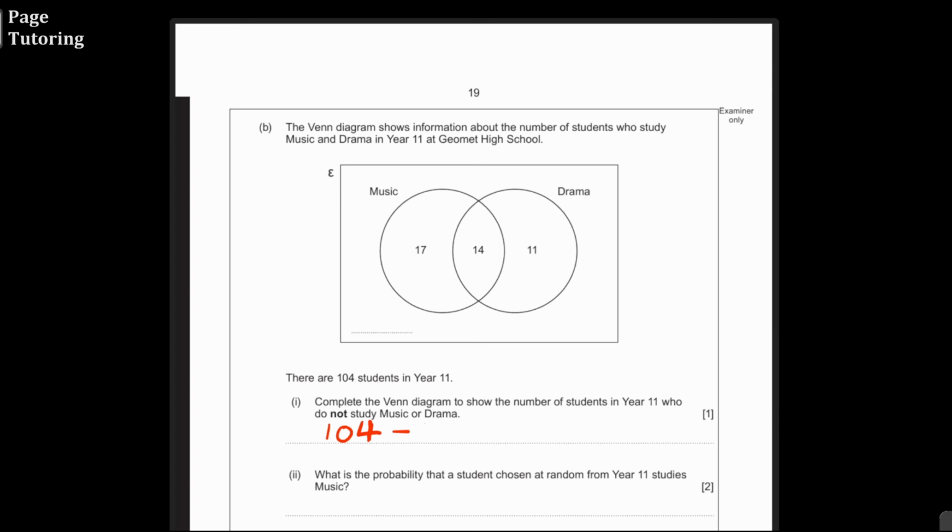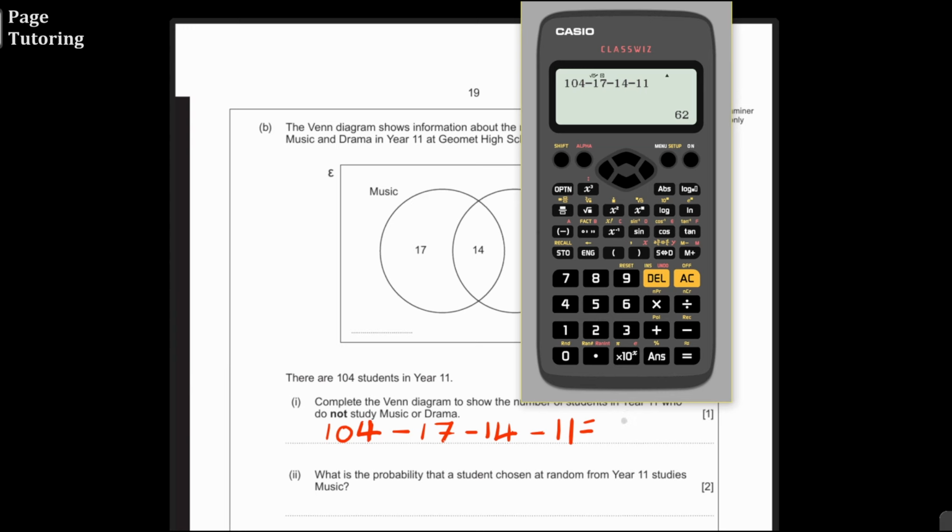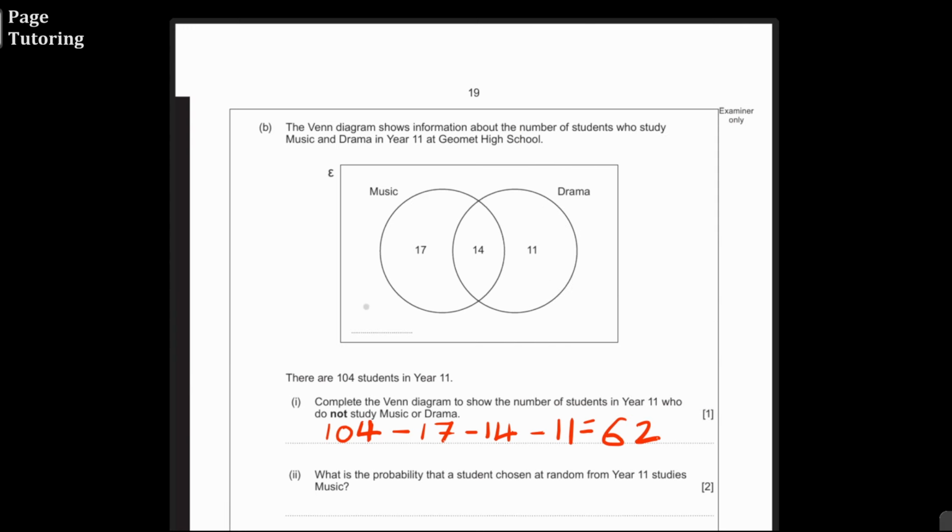And we've been told that 17 study music, 14 study music and drama, and then we've got 11 that study just drama. So that will give us the number of students who don't study music and don't study drama. And that gives us 62, and you can write that into your diagram there.